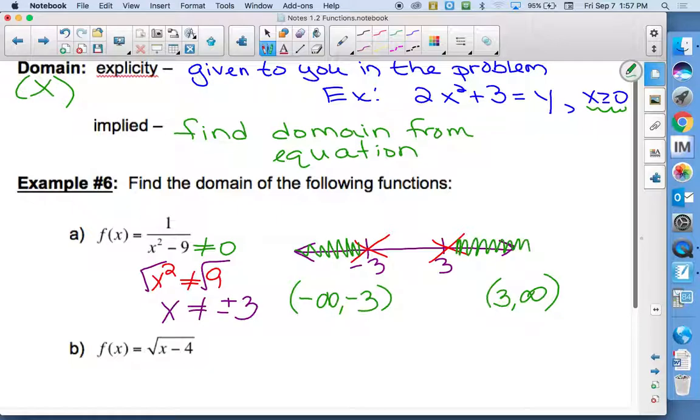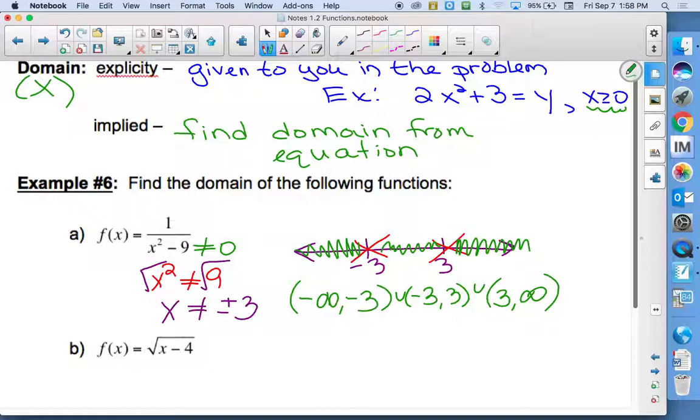Parentheses means it can't be that number. But Alice? It can also be -3 to 3, because it can be in between those two numbers. So that's how you write interval notation. If you're saying it's not allowed to be these two numbers, but it can be anything else, the parentheses around the 3, that's what that means. It's allowed to be any other number but those 3s. Questions?